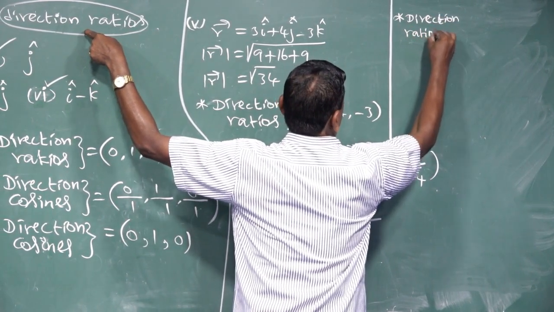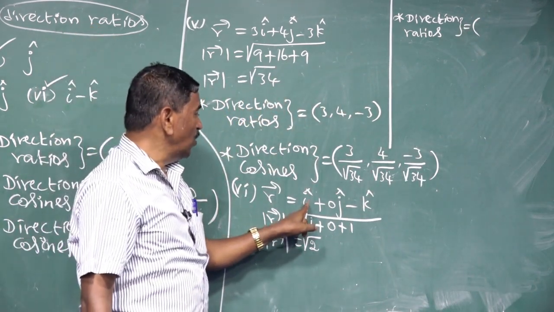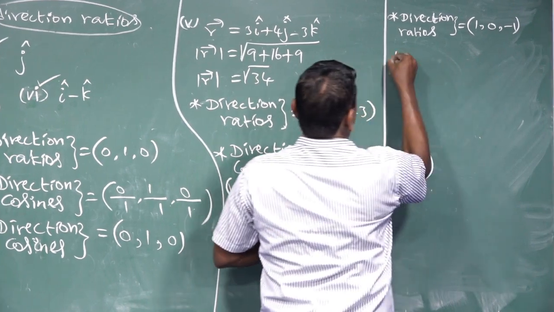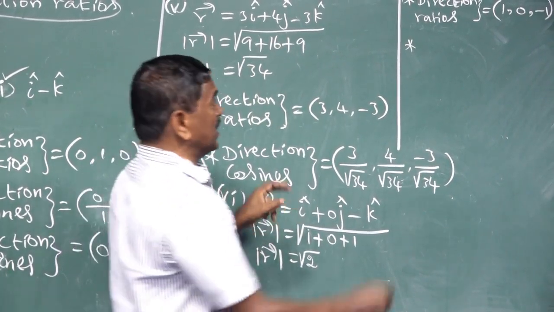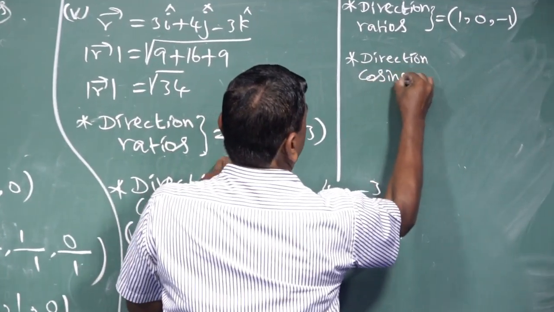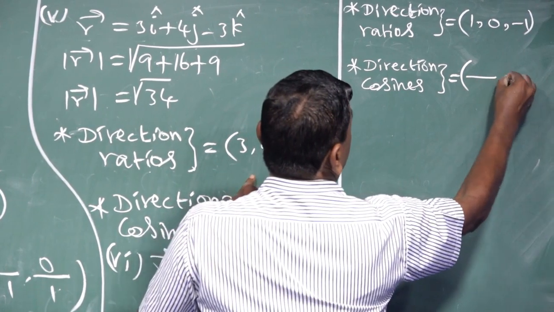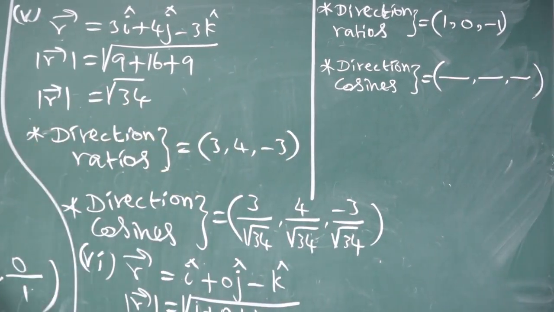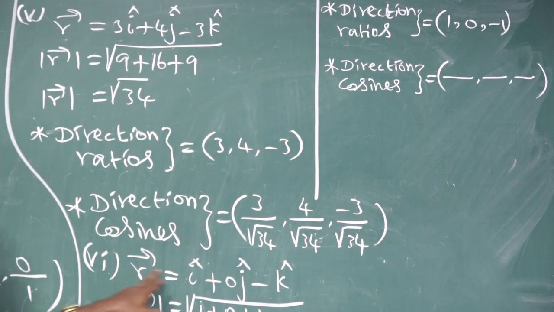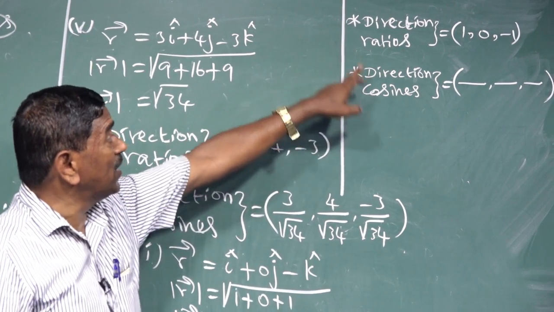Direction ratios is equal to 1, 0, minus 1. Direction ratios completed. Next step, direction cosines. Direction cosines is a division.